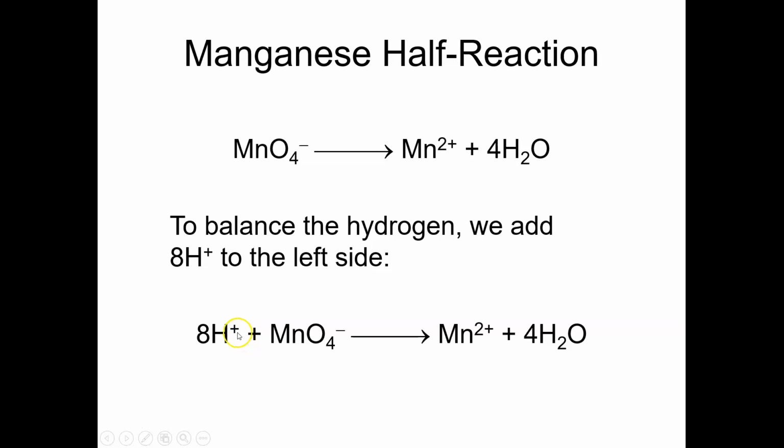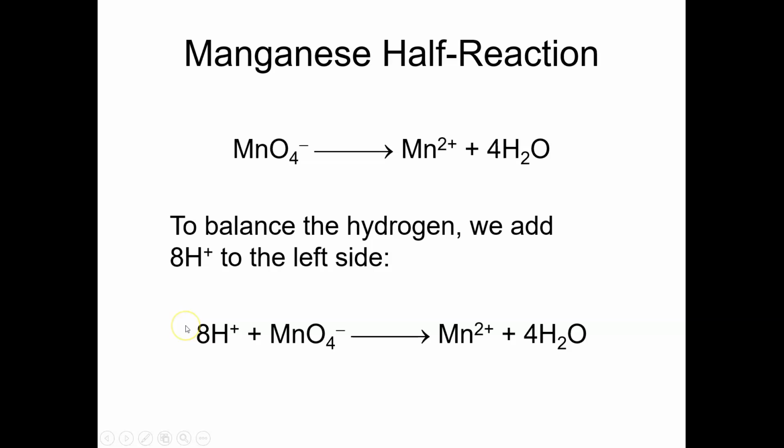So now I'm balanced on hydrogen and manganese and oxygen, but I'm not balanced on charge because the total charge on this side is +7. This is +8 times +1 is +8, and -1 is +7. The total charge on this side is +2. There's a difference of 5 electrons. This is +7, this is +2.